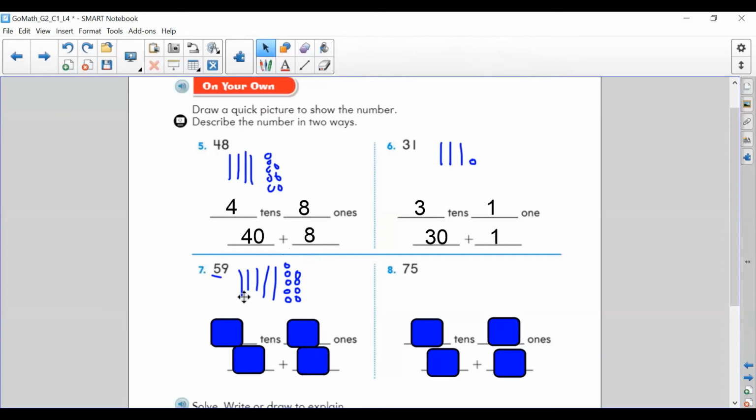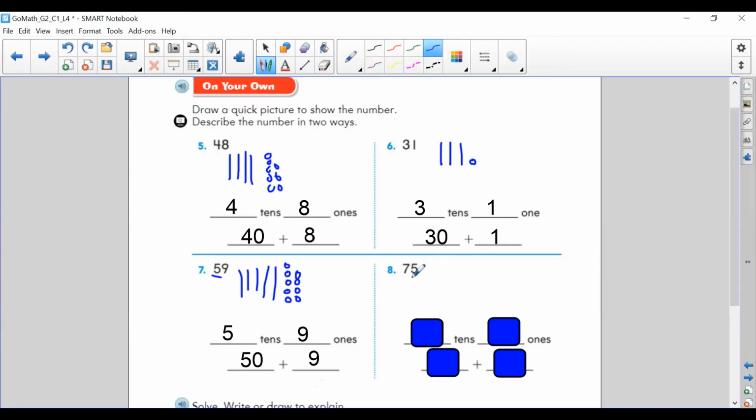Okay, so in the number 59, how many tens did we draw? We drew 5. How many ones did we draw? We drew 9. So the value of 5 tens, 10, 20, 30, 40, 50, is 50. 5 tens is 50, plus 9 ones, and that's 9. 50 plus 9 equals 59.